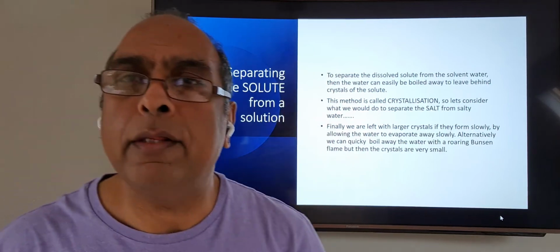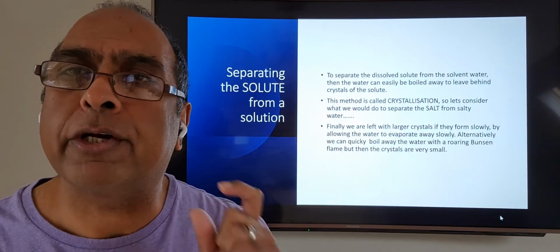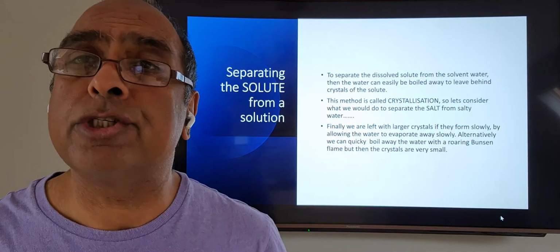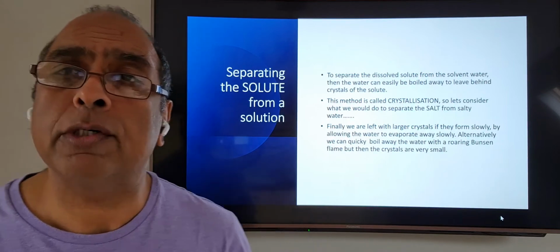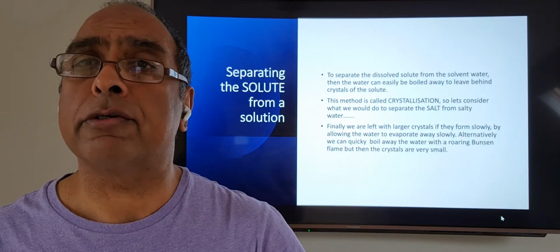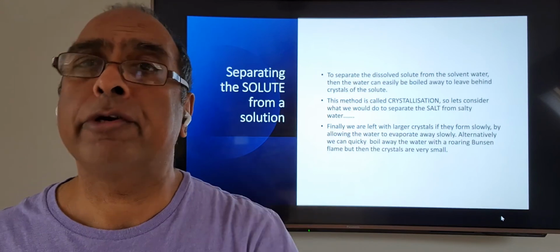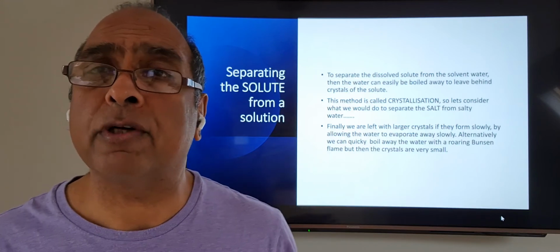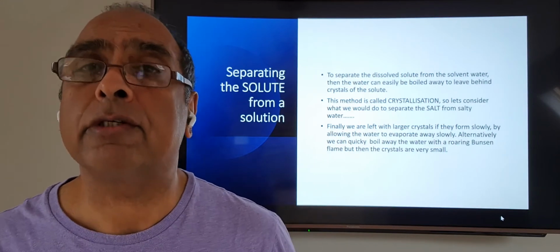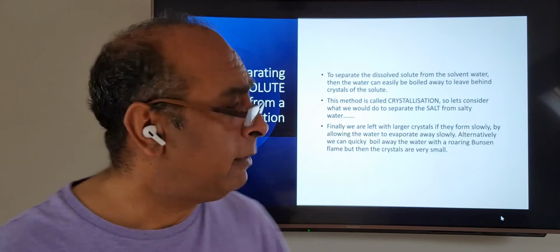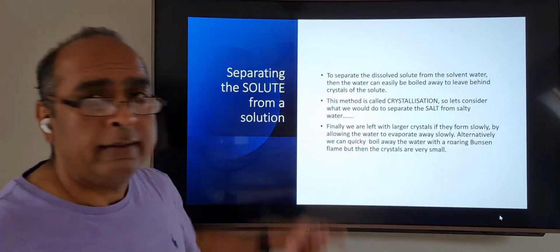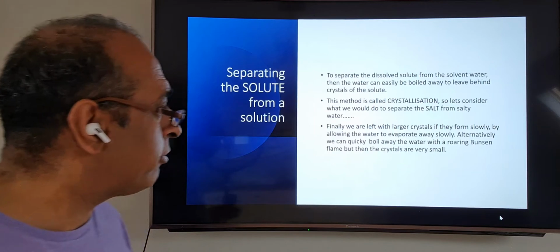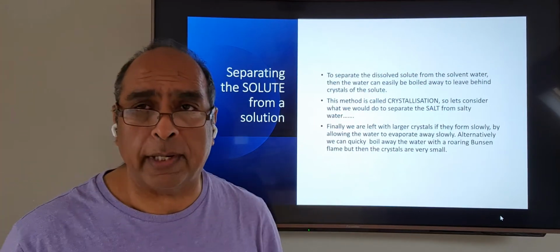If you boil away the water, you'll be left with crystals of whatever was dissolved. So if you had salty water, you'll be left with crystals of salt. Sugary water, crystals of sugar. Copper sulfate solution, crystals of copper sulfate. Finally, we'll be left with the crystals if the water boils away.